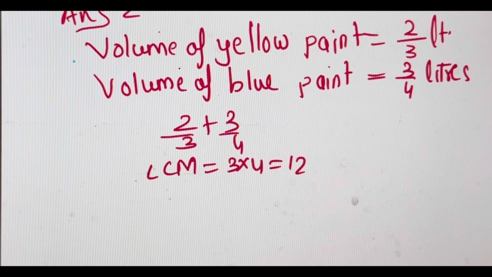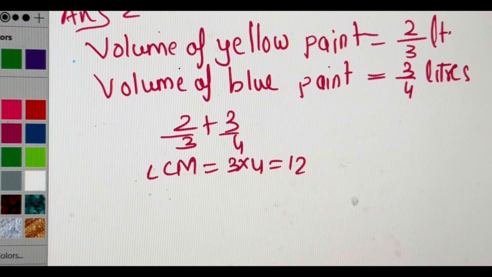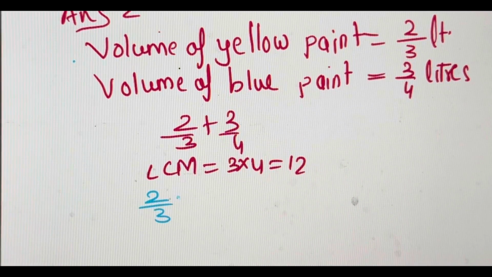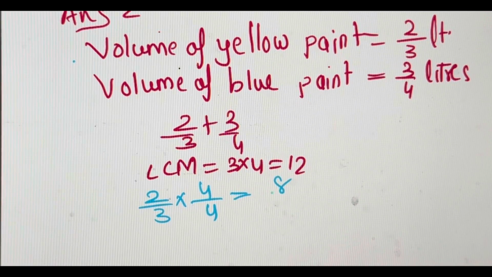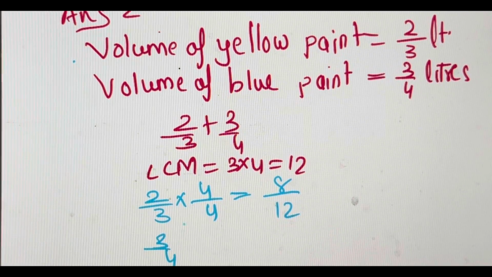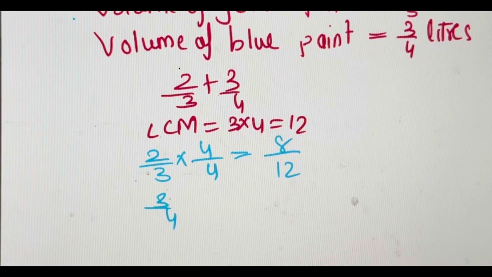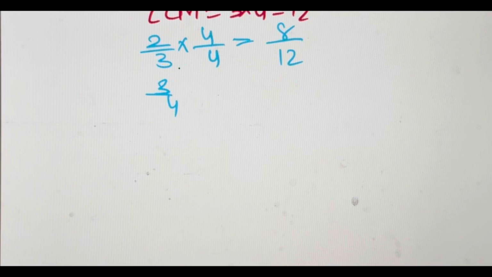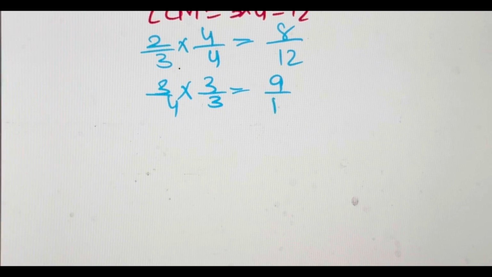So 2/3 multiplied by 4. We do cross multiplication if they are co-primes. So 8/12, and we take 3/4. So that we multiply by 3. So 3 3s are 9, 9/12.